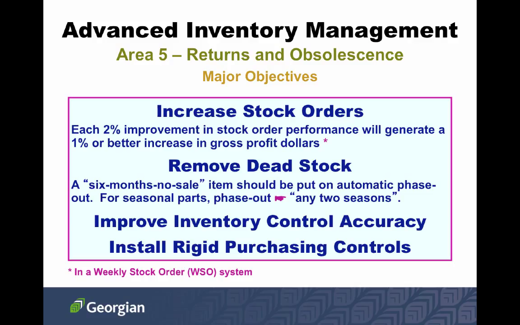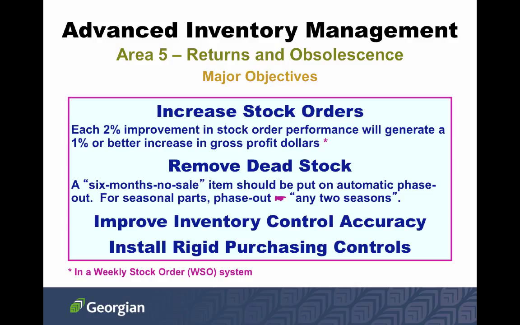Seasonal parts are somewhat different. The phase out is typically considered any 2 seasons, and that means for example winter tires. Winter tire seasons, maybe my stock comes in September, the main selling season is October, November, then it starts fading out, and the 6 month phase out point would be February, March. Well, clearly nobody sells winter tires anymore, maybe just some exceptional sales, but then should I return it or phase it out?